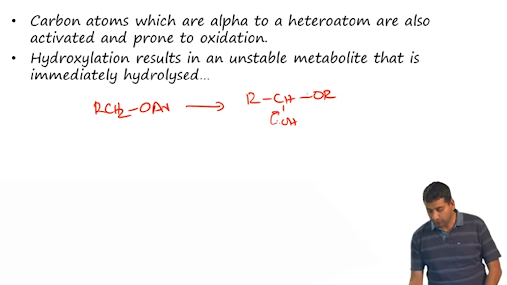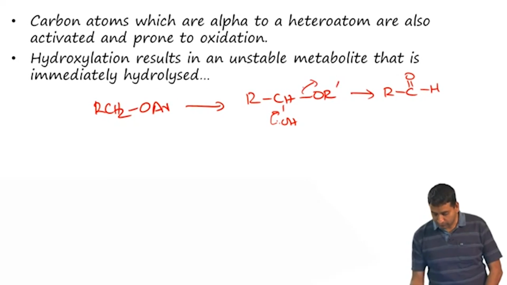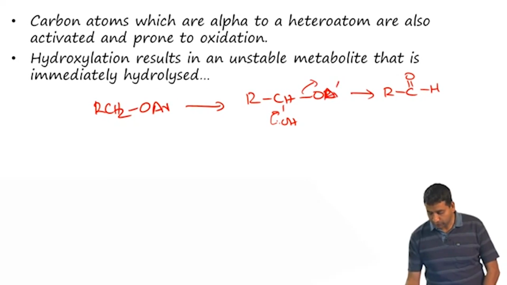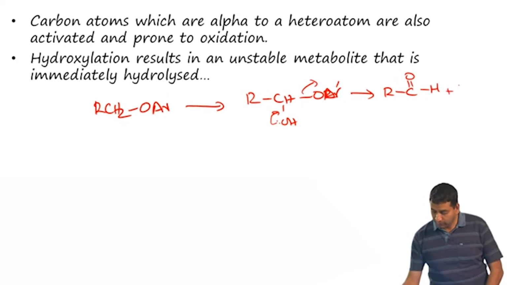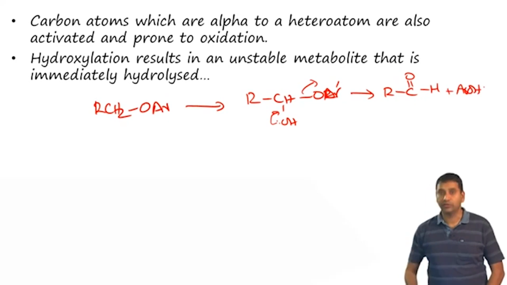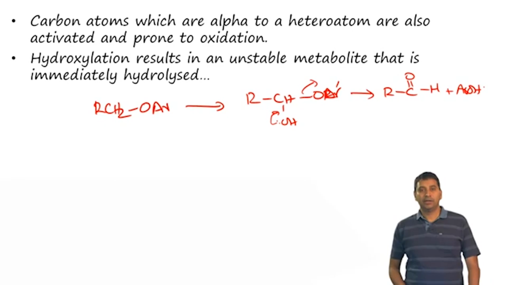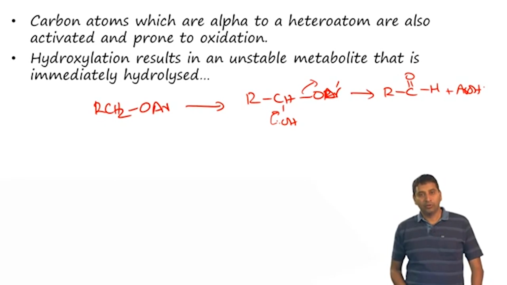You can push electrons, kick out the alkoxide, and you will form R C double bond O H. And so, we have looked at AR here. So, we will stick to the same convention plus AR OH. Okay. So, these are again possible.